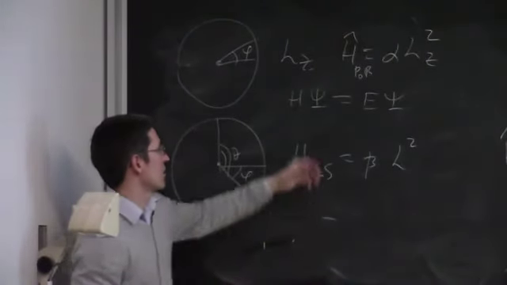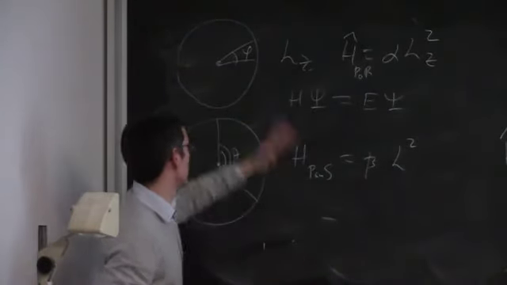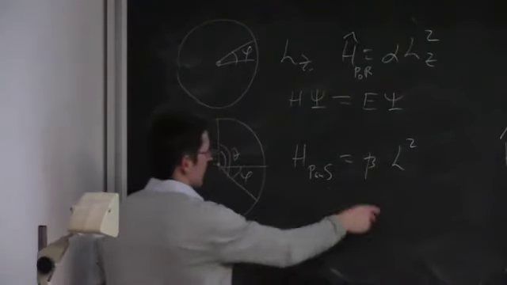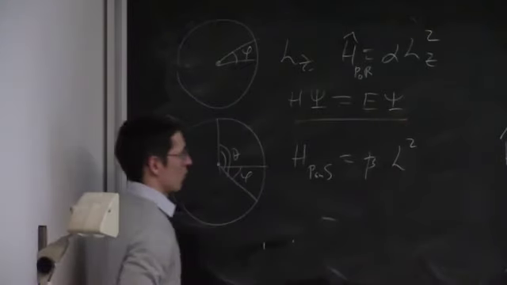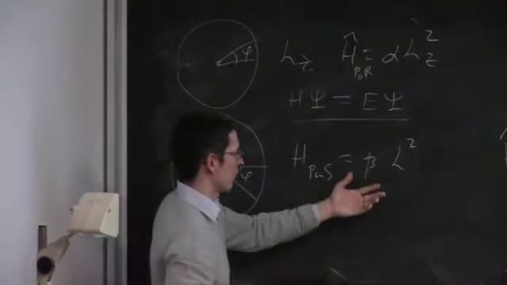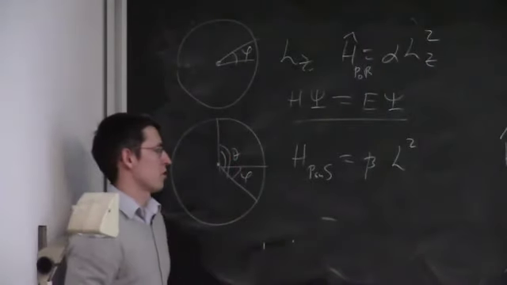Here there is also a constant dependent on the radius, but that's not essential. The essential part is that we again found the equations for L squared, which are eigenfunctions of H of the particle on a sphere.